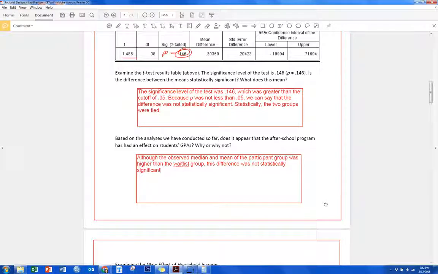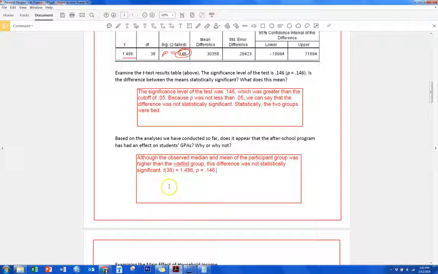If we wanted to report these results using APA conventions, we'd have the test statistic t in italics, the degrees of freedom, which is 38, this is the test statistic, 1.486. There we go, sorry about that. p equals 0.146.